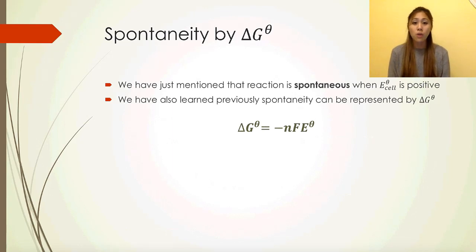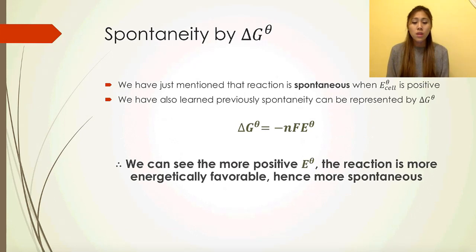Do you see how Gibbs free energy by itself, on the right-hand side, consists of the number of moles of electrons involved, Faraday's constant, and the cell potential, and all of that is multiplied by a negative value. So the more positive the cell potential is, the more energetically favorable the reaction is.